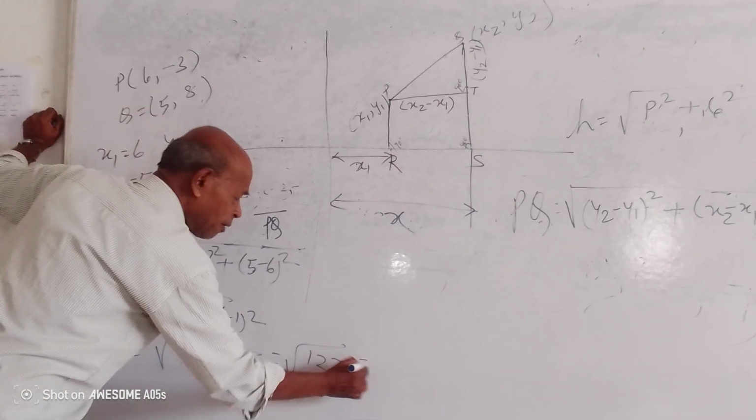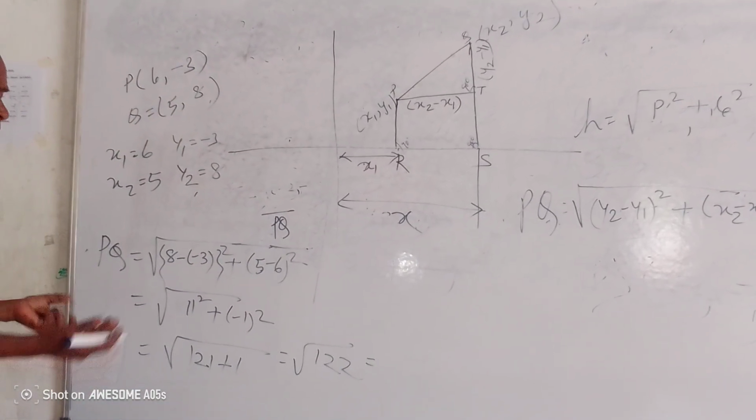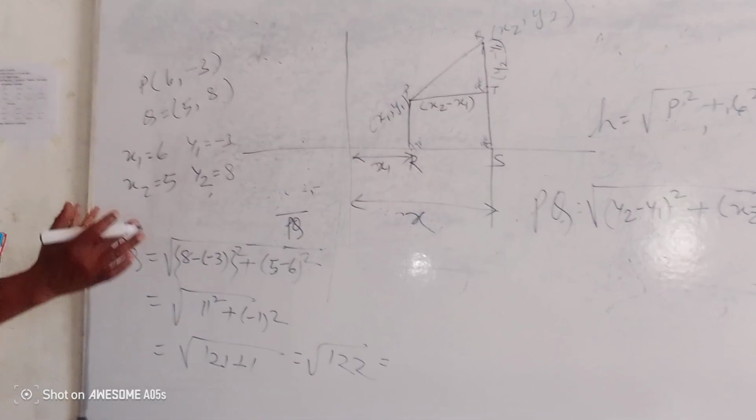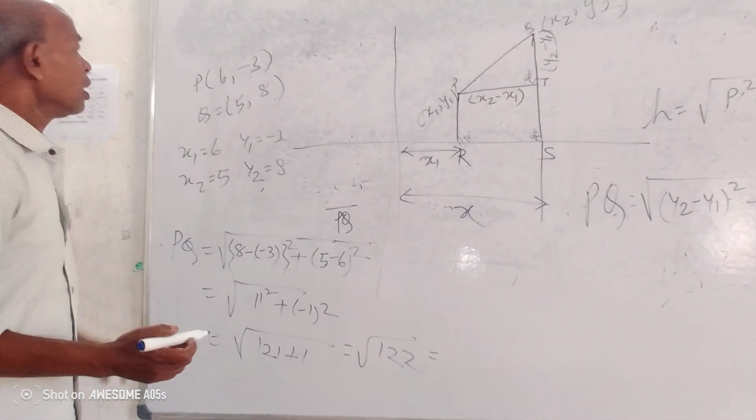Now you find the square root of 122. Whatever you get will be the length of the straight line joining the points P and Q.